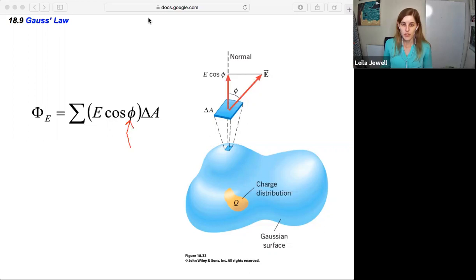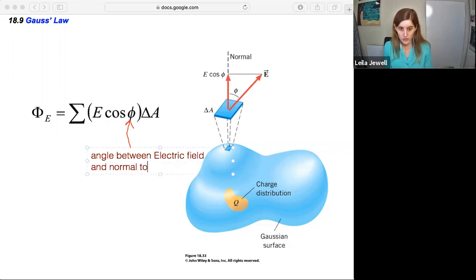So let's write that out in words. Angle between electric field and normal to Gaussian surface.